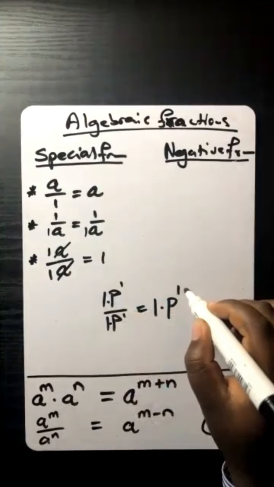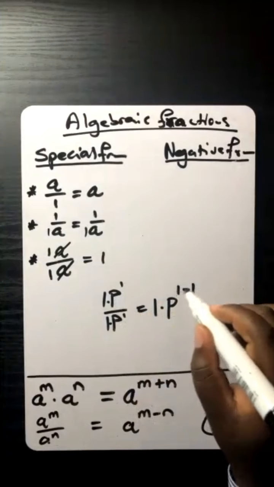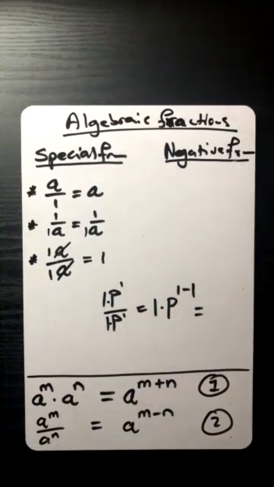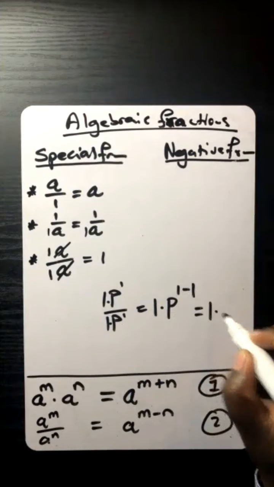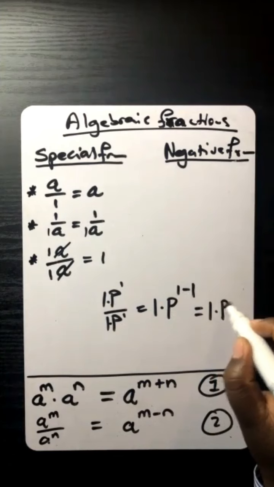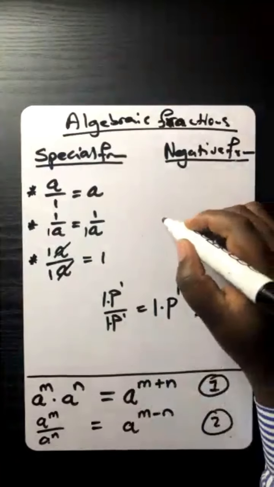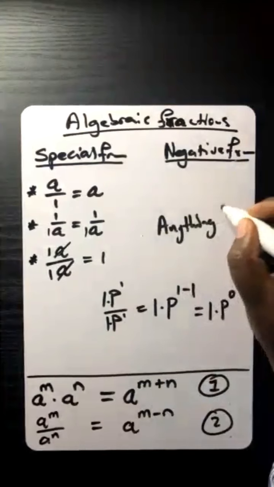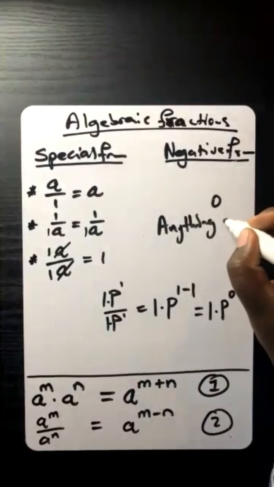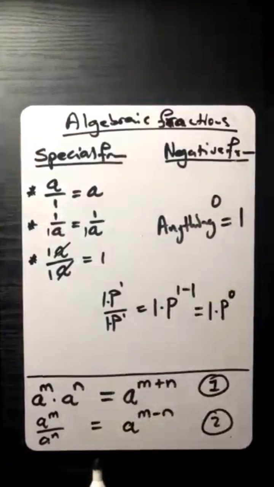Then we say 1 minus 1. So what is 1 minus 1? 0. It's 0, which means we've got 1 multiplied by p to the exponent 0. So Shreyas, again, anything to the power 0 is equals to 1. Make a note of this one as well.